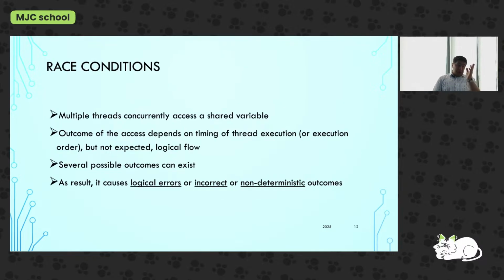Now, race conditions. This is a logical error, not a technical one like a data race. In a data race, we have multiple threads accessing memory where at least one of the accesses is a write. A race condition is illogical, non-deterministic behavior.